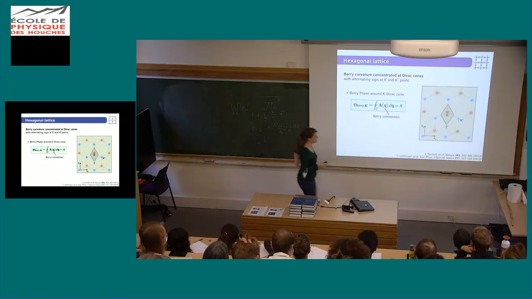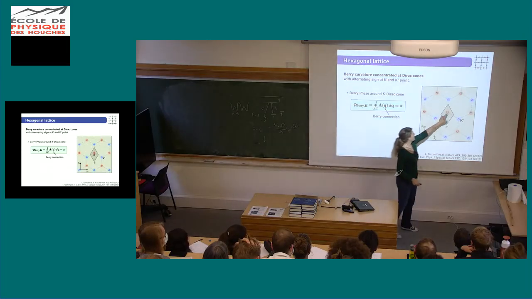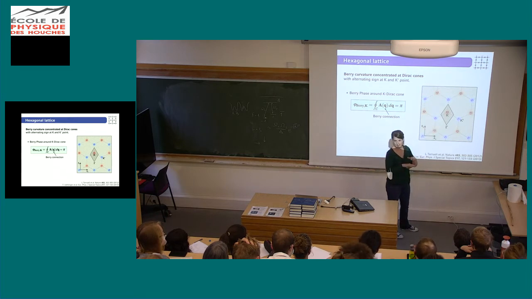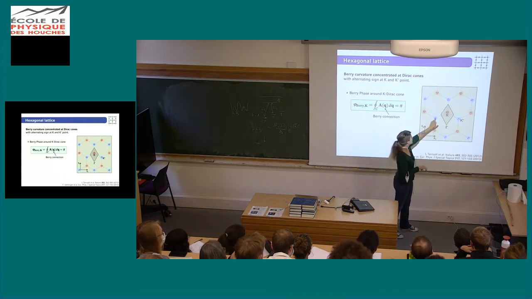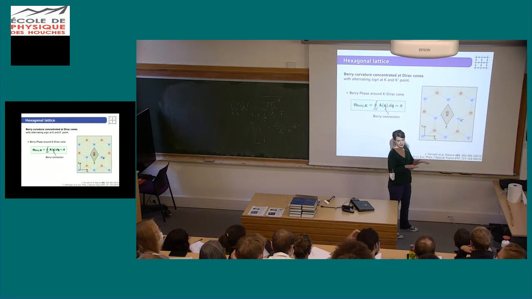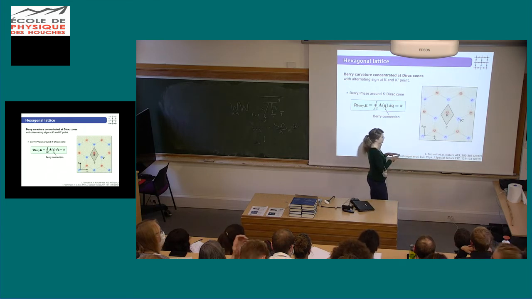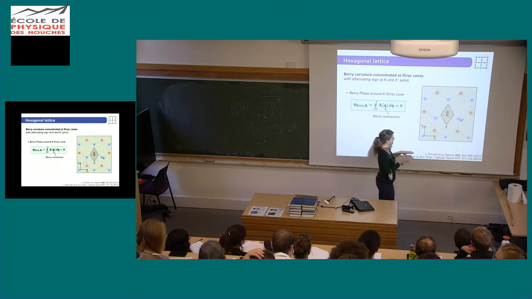So essentially what happens is here you have positive Berry curvature and negative Berry curvature. Now, if you open up a gap, first of all, this broadens the Berry curvature, but the sign remains the same. So you just open up a gap, but you don't change the topological properties of the bands.